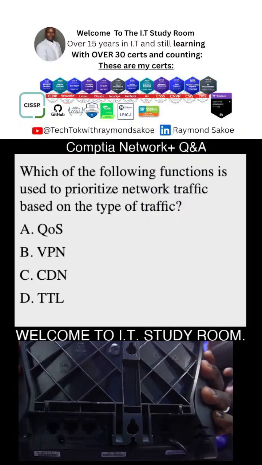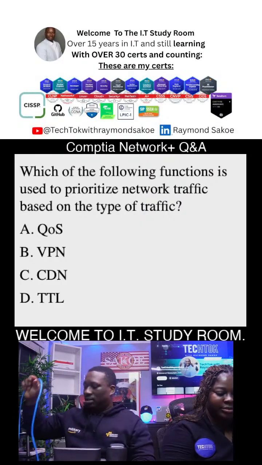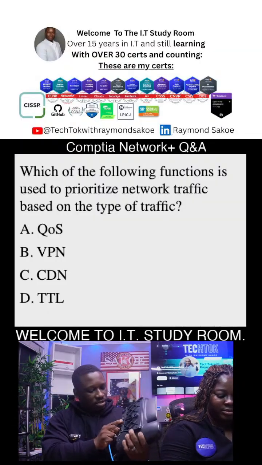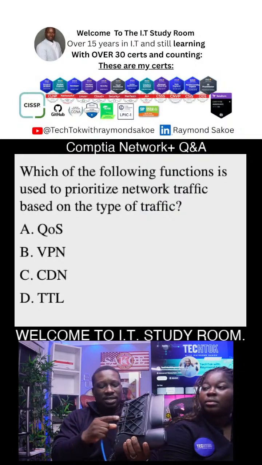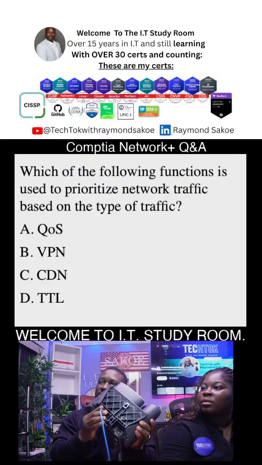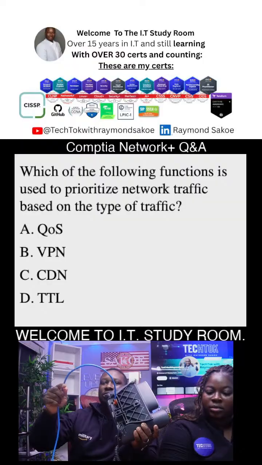RJ45 ports, right? Most of the time you have one connection for the switch, and the other one for the PC. So you have one cable connecting to the switch, and the other end of the cable is going to the wall jack.